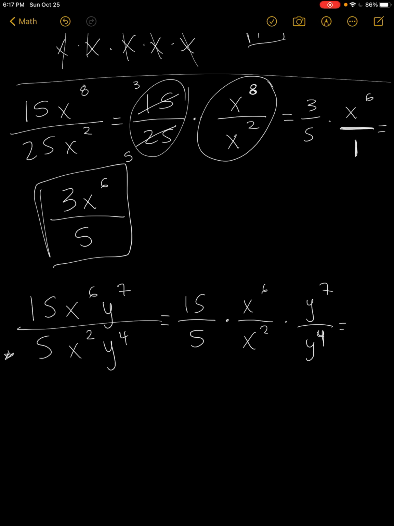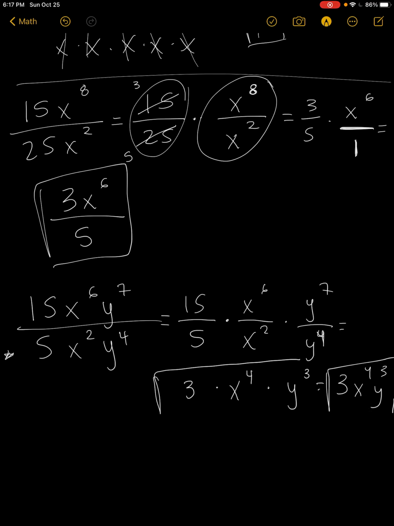Whatever works for you. 15 over 5 gives me 3, right? X to the 6th over x squared gives me x to the 4th. Y to the 7th over y to the 4th gives me y to the 3rd. All right, and I got my answer right here.